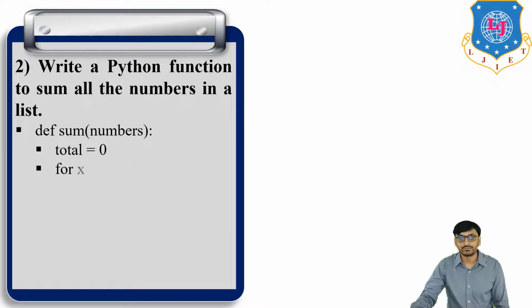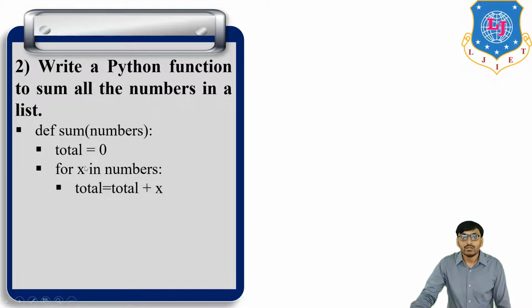Then for x in numbers, total is equal to total plus x. So this loop continues for all values of x.